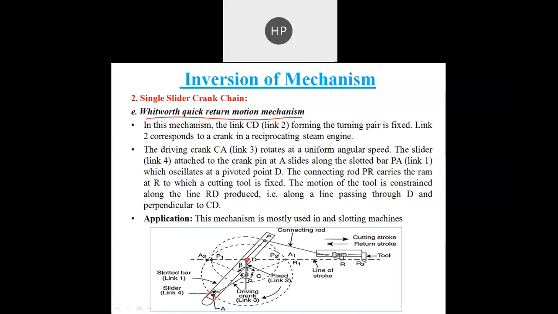With this oscillating at the pivot point D, the connecting rod PR carries the ram at R, which goes into the cutting form. So it is going in a forward motion and it will cut.